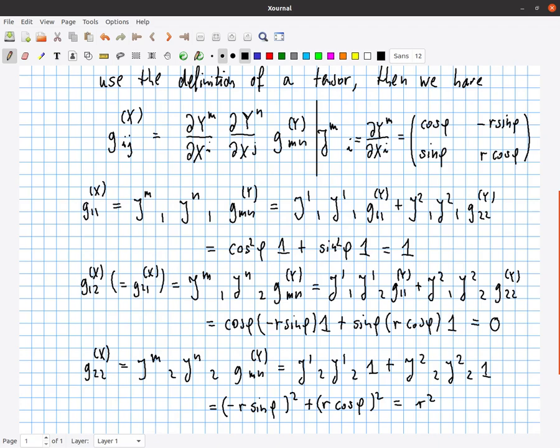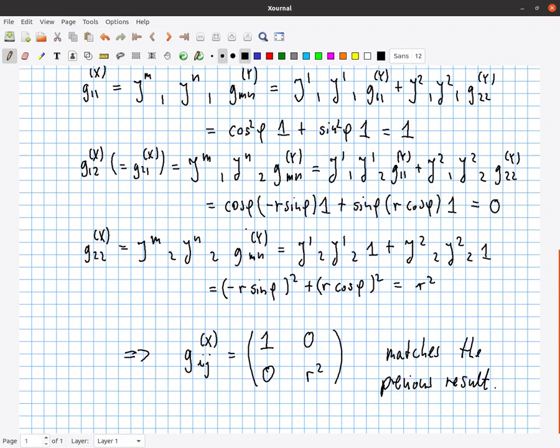So you must distinguish between a rank 2 tensor visualized as a matrix, and something being an actual matrix. So the Jacobian in this form has a row and a column, and hence can be viewed as a matrix. This G can be visualized as a matrix, but it isn't actually a matrix. It's a rank 2 tensor and has very specific transformation properties, and this is what makes it a tensor.